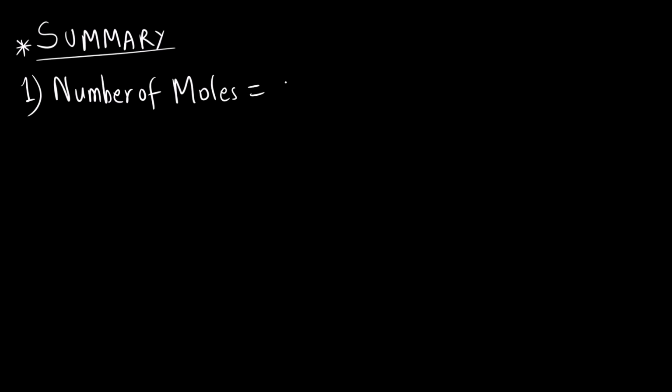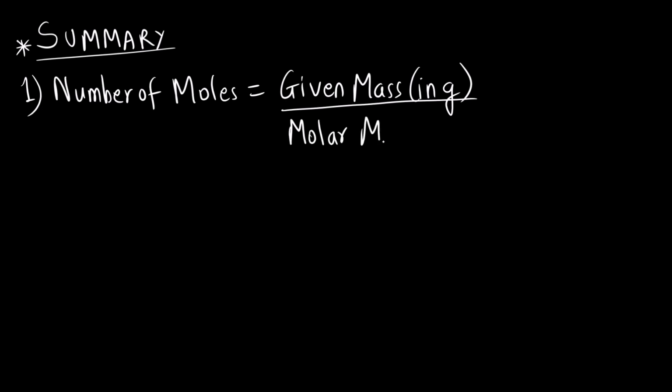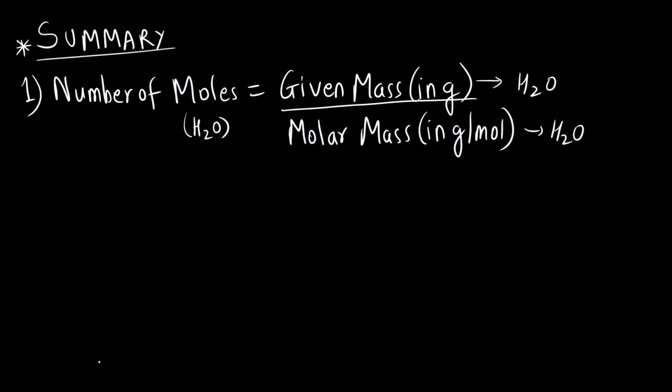That is nothing but given mass in grams divided by molar mass of that same particular substance for which you have to find out the number of moles. Suppose you have to find out the number of moles of water, then given mass should also be of water, molar mass should also be of water.